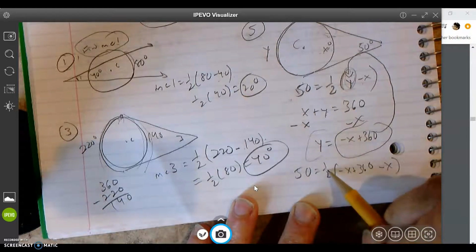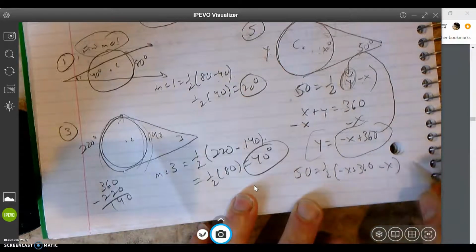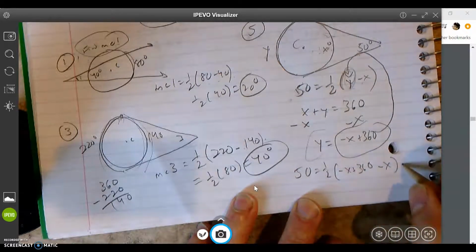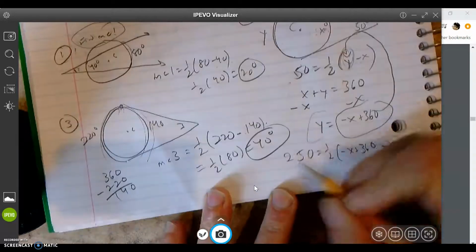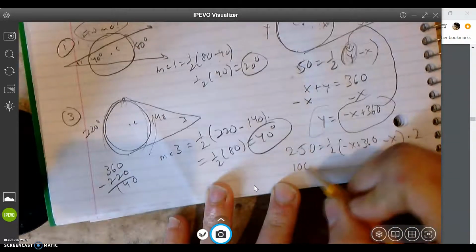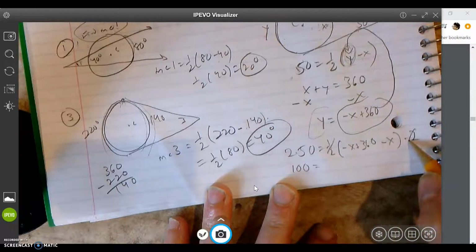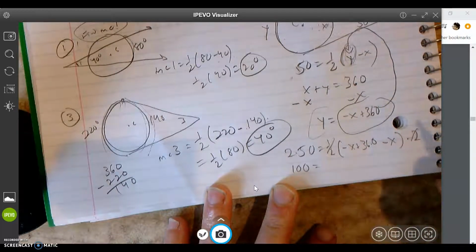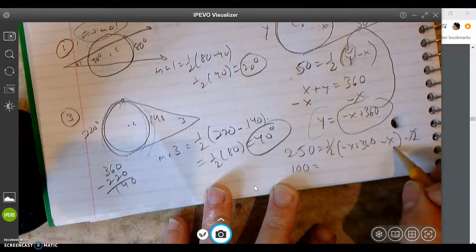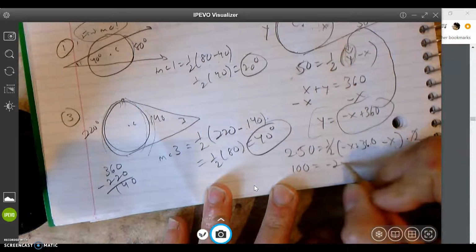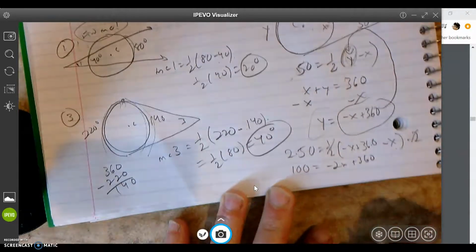Now I'm going to times 2 to get rid of this 1/2. I'm not going to distribute that, that's going to be a mess. So 2 times 50 is 100, and 1/2 times 2 is 1. Negative x and negative x is negative 2x plus 360.